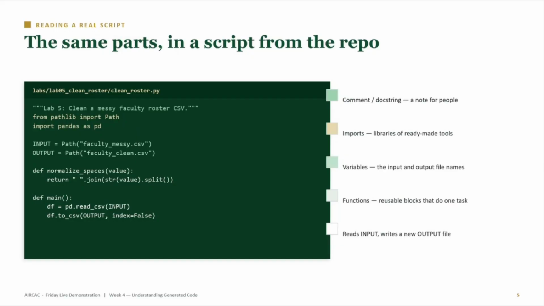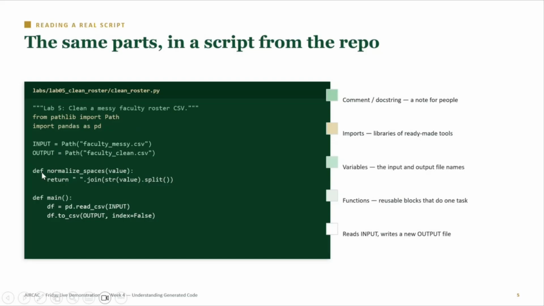The second, import pandas as pd. We write as pd just to make it easy to write later on. So it's an acronym for pandas in our case. For the input and the output, we have the path, here in our case faculty-missy.csv, and the output is faculty clean CSV.